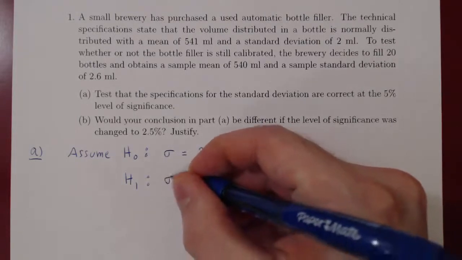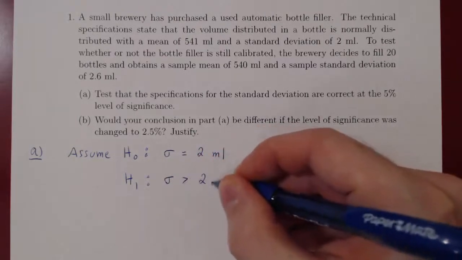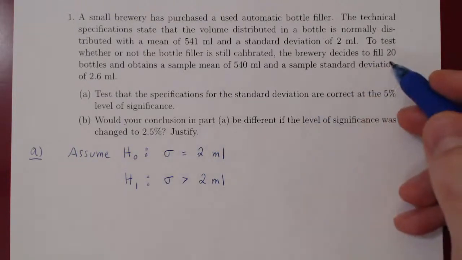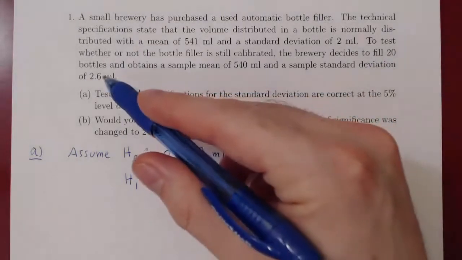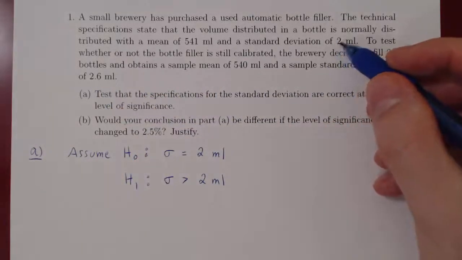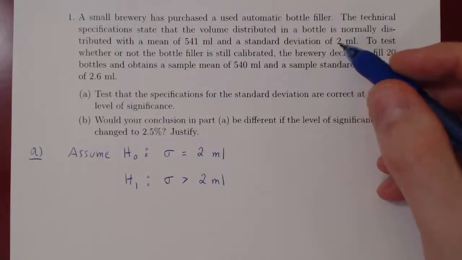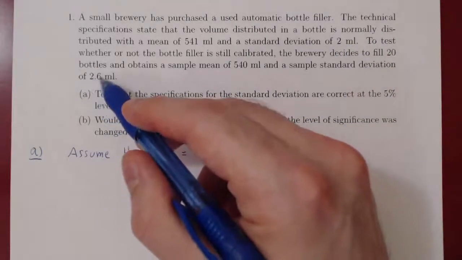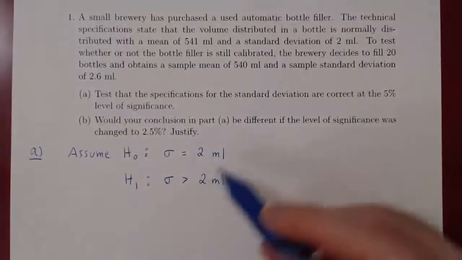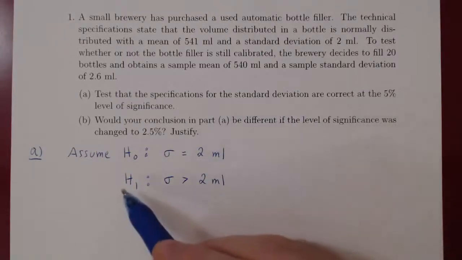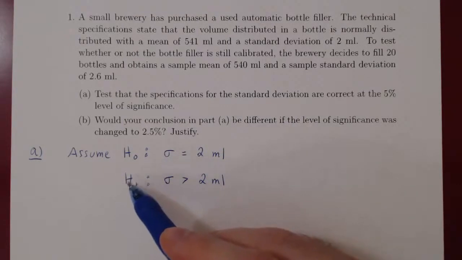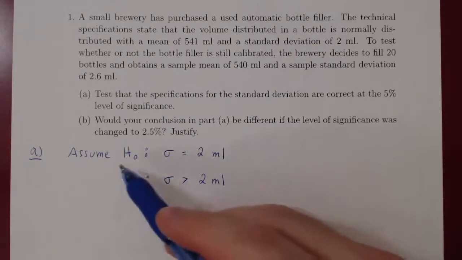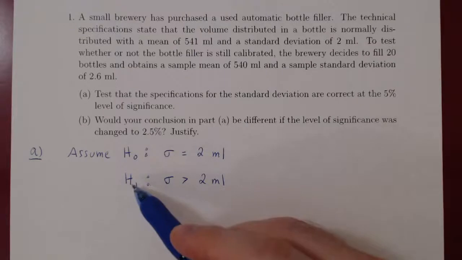Let's go with sigma is bigger than 2 milliliters, because the evidence from our sample seems to be supporting this fact, right? The claim is that the deviation should be 2, but we sampled 20 bottles and we obtained a deviation of 2.6, which was greater than 2. So H1, the alternate hypothesis, will be that sigma is greater than 2.